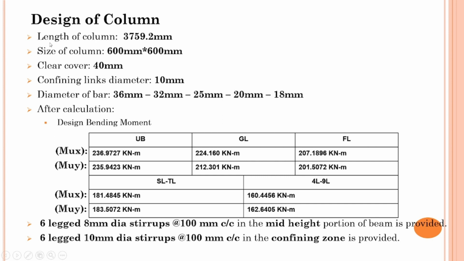And the second, the design of the column. While designing the columns, you take the length of the column, size, clear covers, confining details, diameter of the bar, confining link diameters, and the Mu max as you calculated on the upper basement, ground floor, and the first floor. After the result, you get the six-legged stirrup of 10 dia at the mid and confined zone.